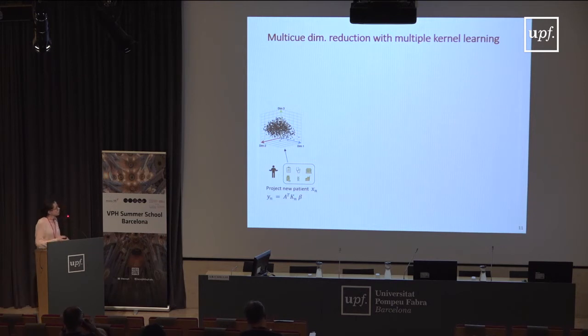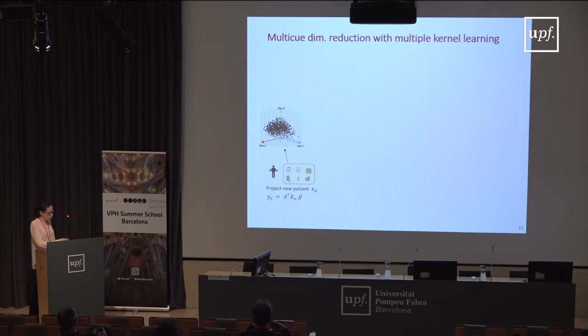And now, when a new patient arrives, I don't need to do all the optimization again, but I just have to project this new patient with the parameters that I have learned, the weights combination and the projection matrix, based on the similarity of this new patient with all the others.